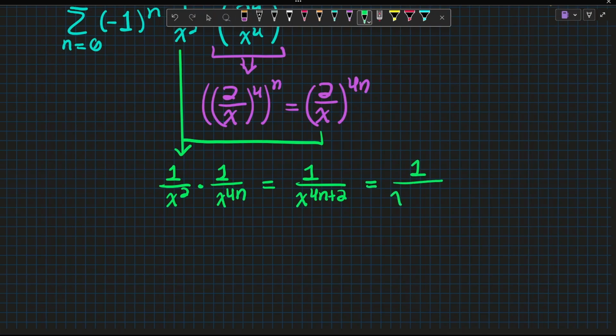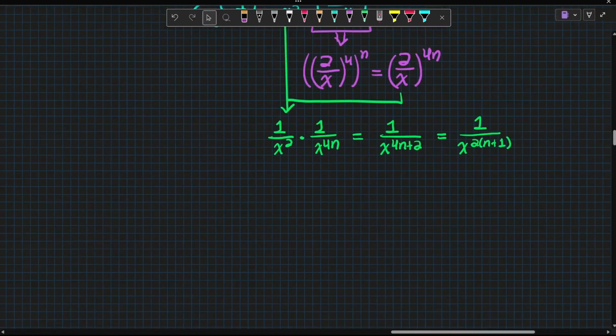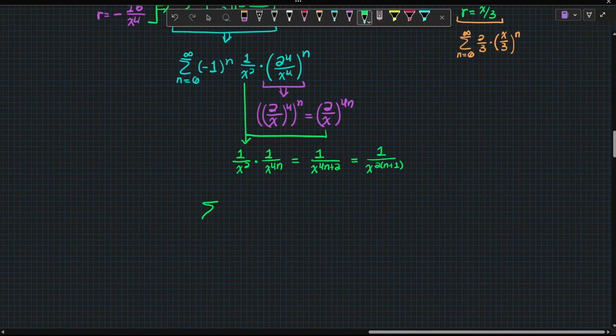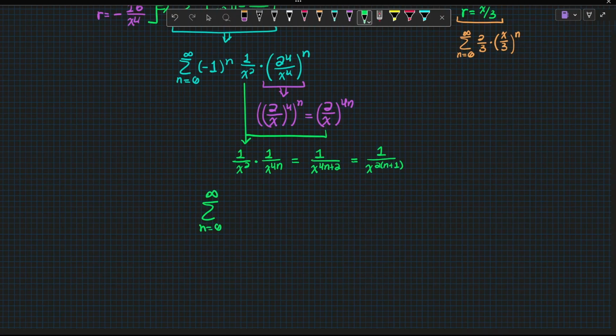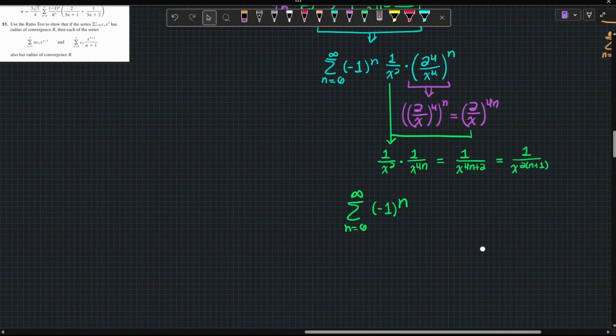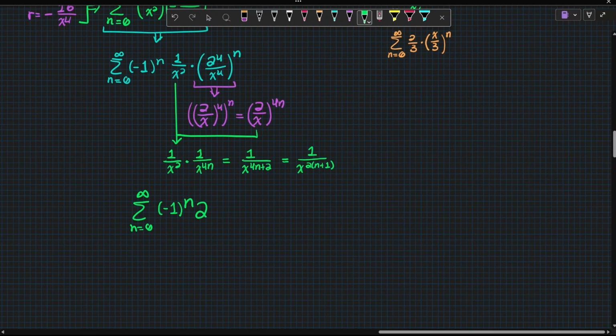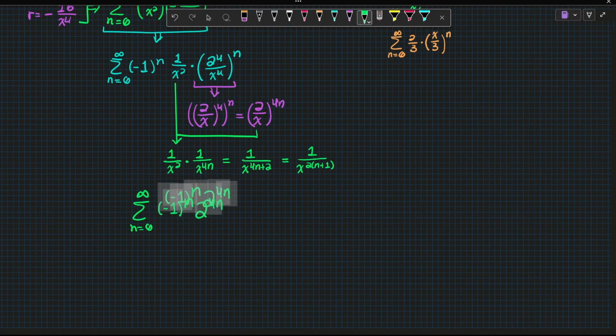So that means your entire series would be negative 1 to the n multiplied by 2 to the 4n all over x to the 4n plus 2.